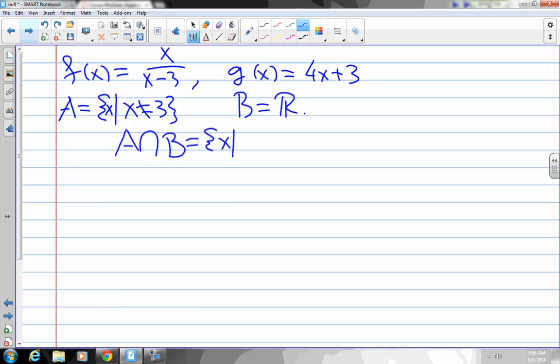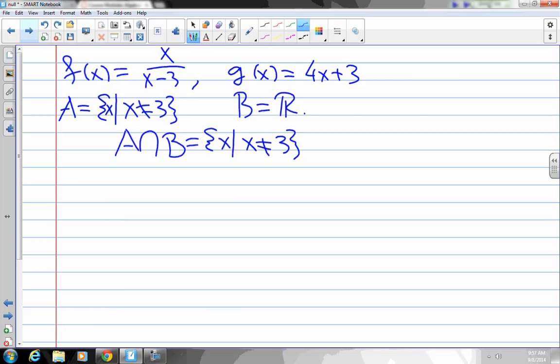The first set tells you avoid 3. The other set tells you everything goes. So which numbers do we need to avoid then? Just 3, because set B does not contribute anything new to our domain. So that's the domain of the intersection.